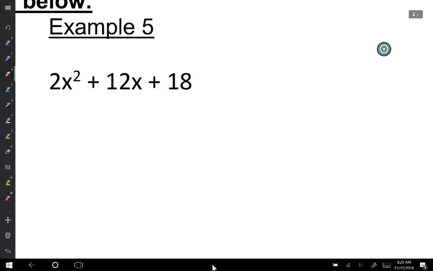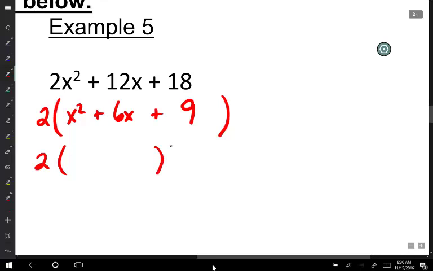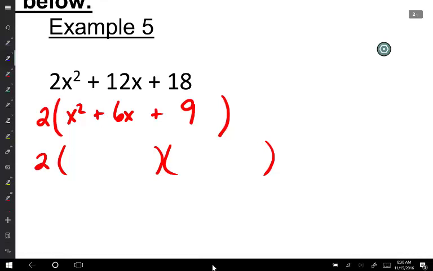All right, let's slide over here to example 5. Is there a GCF? Yes. What is it? 2. What's left when we take out the GCF? x squared plus 6x plus 9. I'm going to bring down the 2 and put my parentheses like so. What are the signs in my answer?